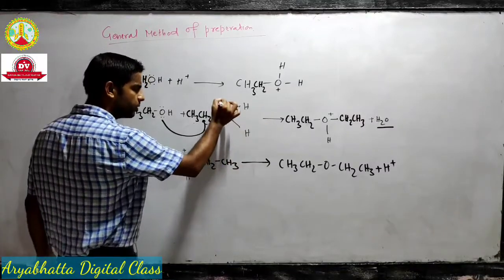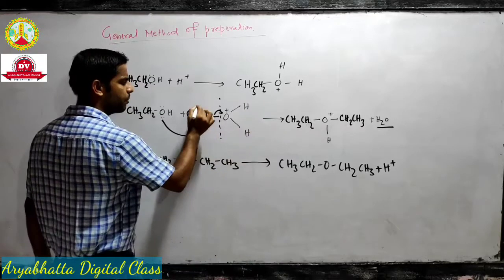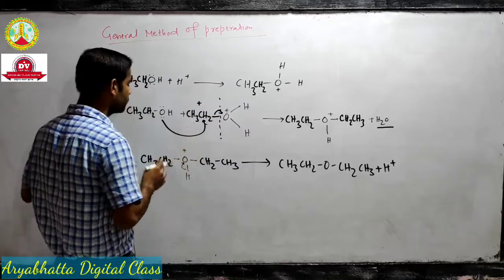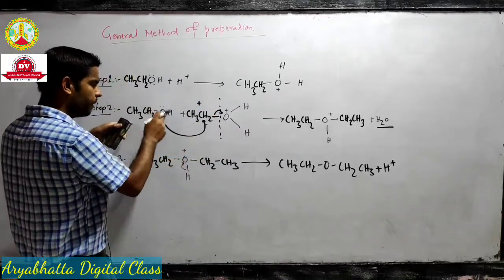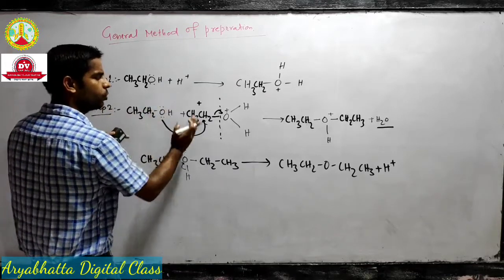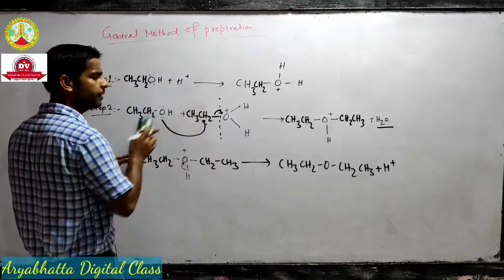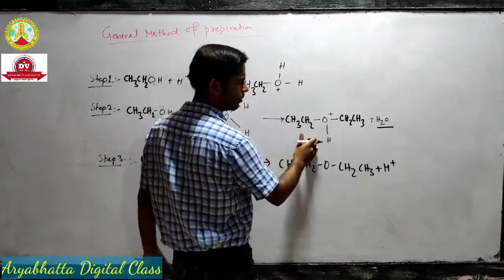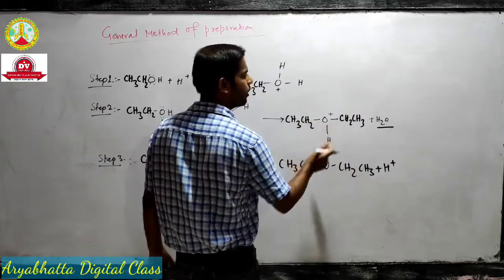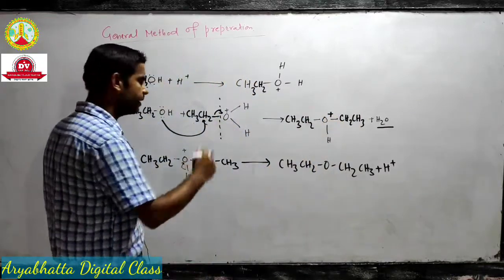If I take this part out, the carbon will get a positive charge. So the lone pair on the oxygen in the alcohol will behave as a nucleophile and attack this point. So we get something like this, with a positive charge on the oxygen since it's trivalent here.